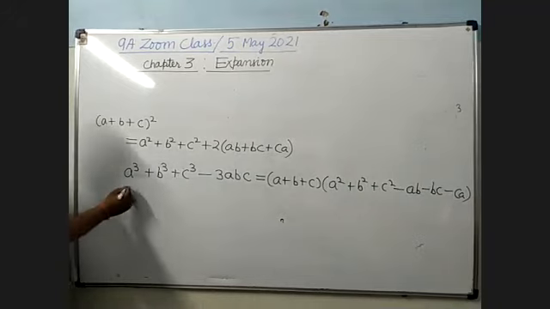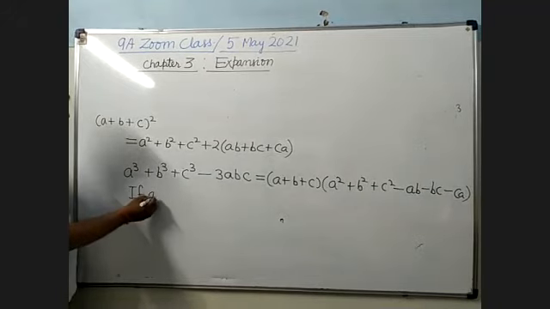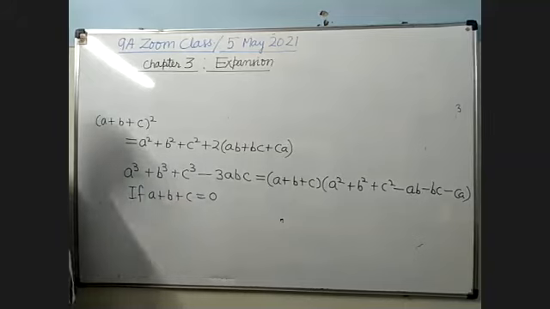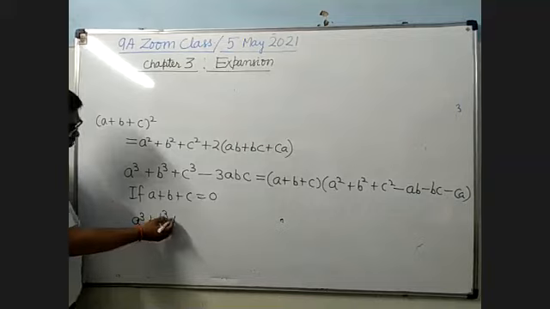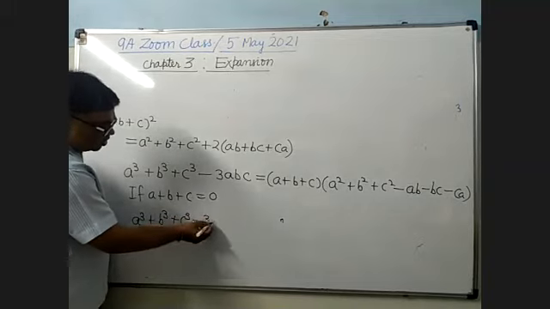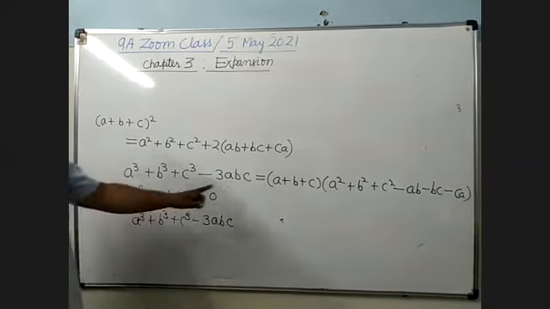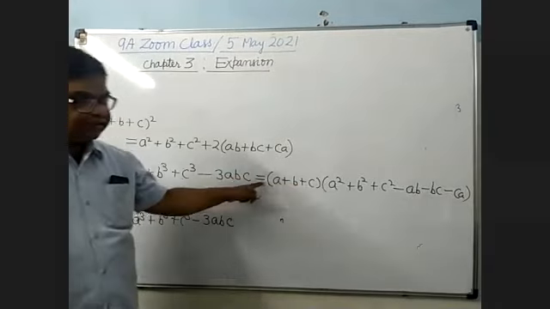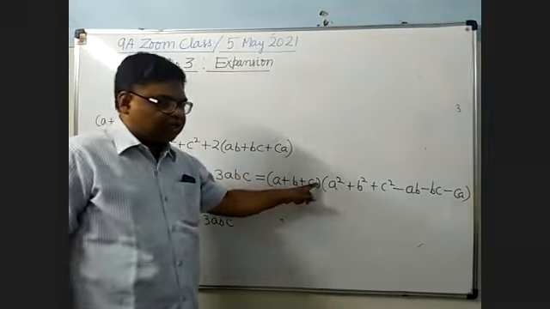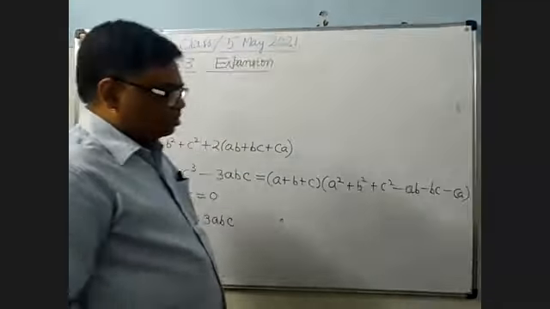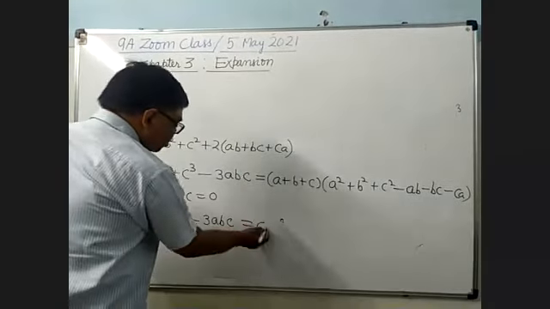Now, if a plus b plus c equals 0, then what will be? You can see here a cube plus b cube plus c cube minus 3abc. When you place 0 here, what will you get? 0. It will become 0.